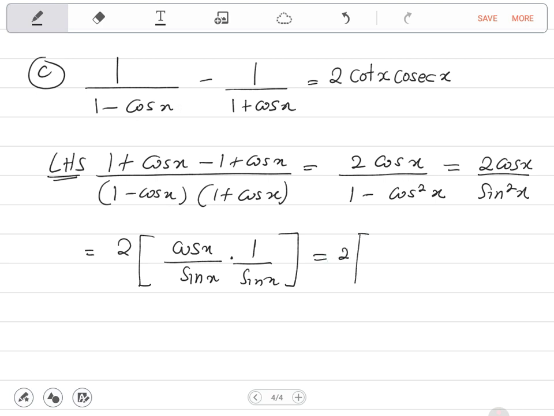The 2 can stay outside. Cos over sin is just cot x. 1 over sin is cosec x, which now completes the answer: 2 cot x cosec x. And you're done.